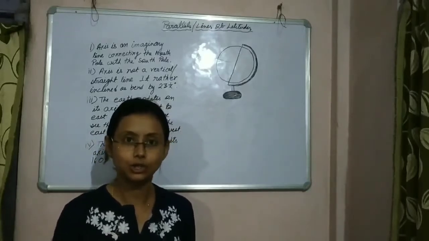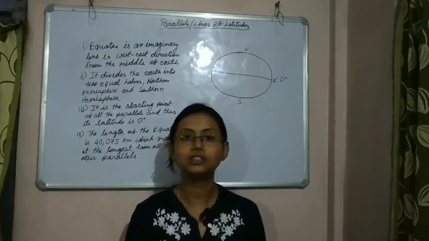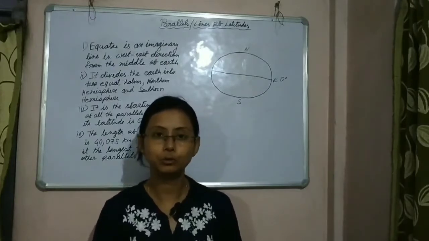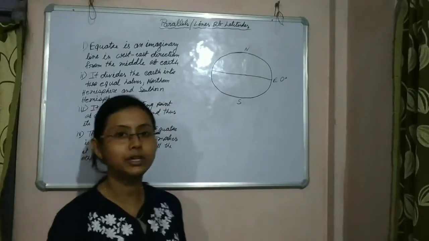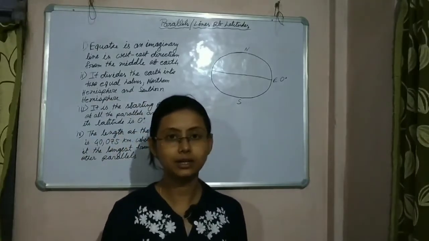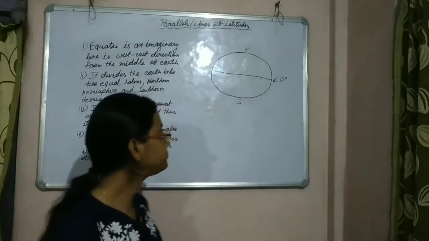So now we know about one imaginary line that is called the axis, which joins the North Pole and South Pole. In our list, the next one is the equator, which is a parallel line, and it is the longest parallel, or 0-degree parallel.